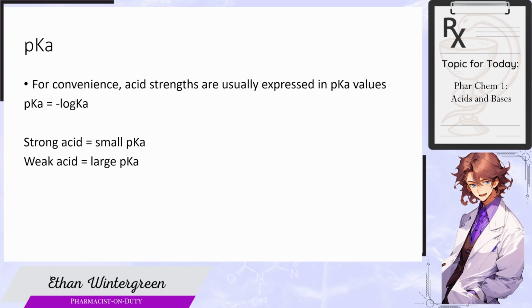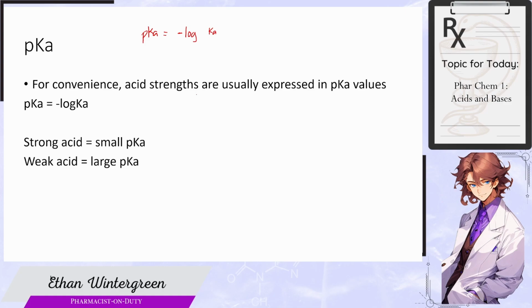Okay, so to get pKa, you need to get the negative logarithm of your Ka. You don't place it in brackets since it's not a concentration. Negative log Ka is our pKa. So pKa would give you a number of around 1 to 11 usually.